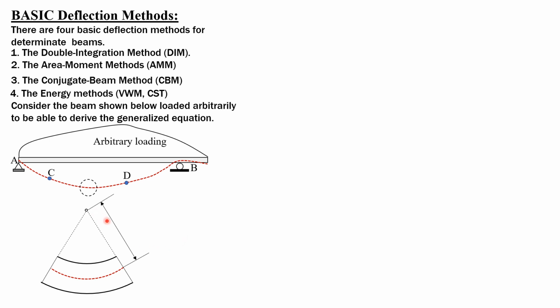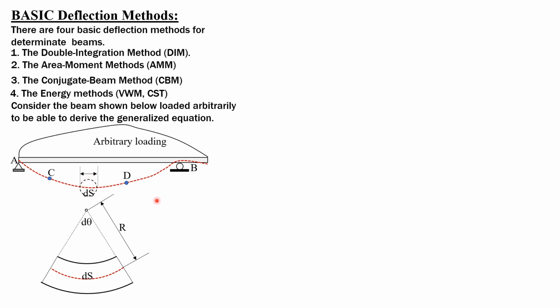The radius of curvature is denoted by R, and the central angle is denoted by, because this is very small, differential theta. The arc length therefore is equal to the differential s, and actually this differential s is almost equal to differential x, because as I said, the elastic curve is almost a straight line. This is just for the sake of magnification so that you can imagine.